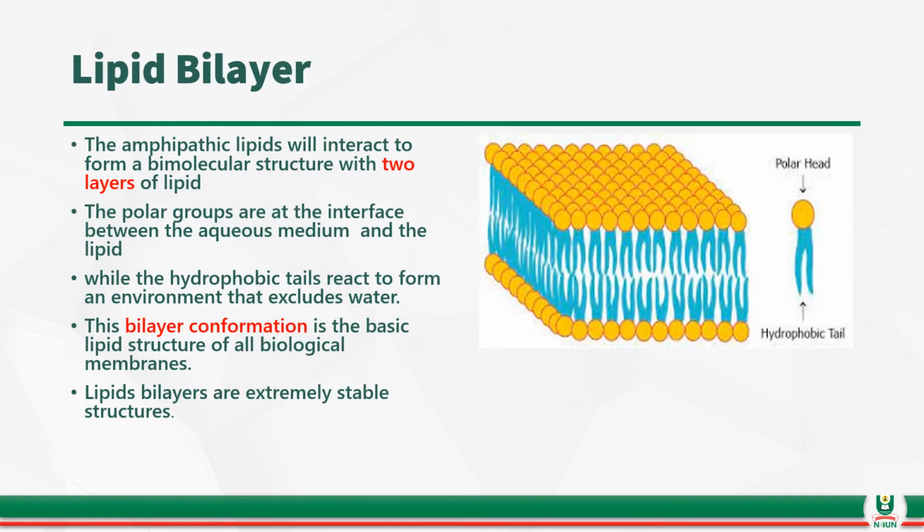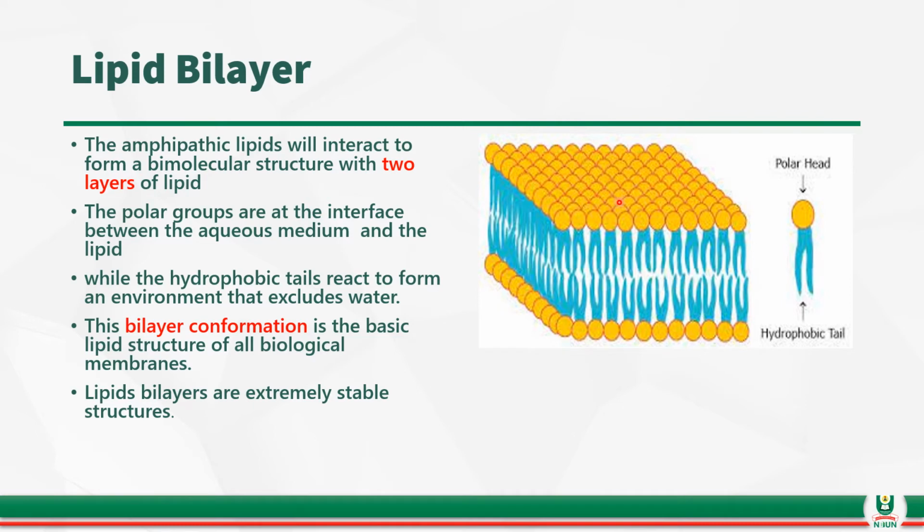Also, from micelles, like I said in the other slide, they can form lipid bilayers. They can interact to form two layers of lipid, one layer up, one layer down, and this is called the lipid bilayer. The polar groups are at the interface between the aqueous medium and the lipid tail.